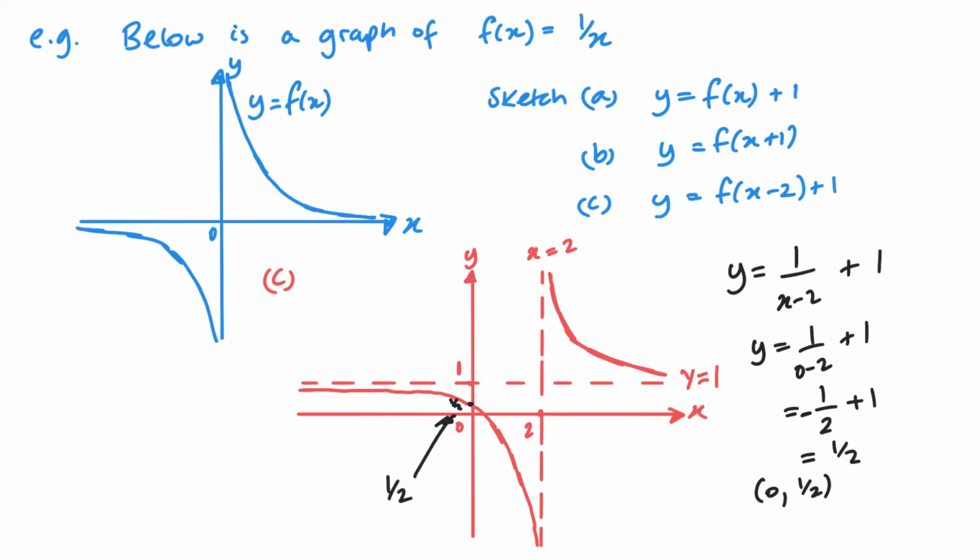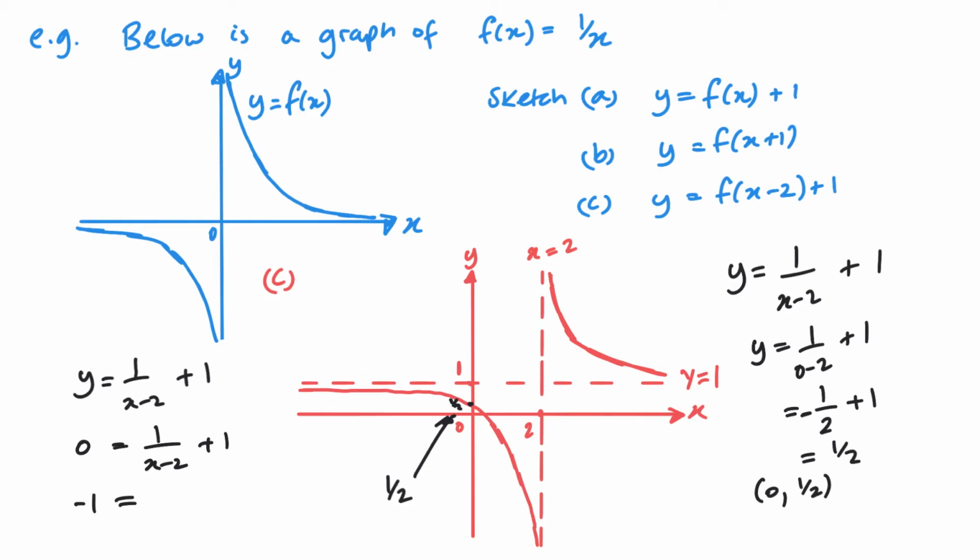And then looking at my second one, I'm going to do it over the side. So the same, y equals 1 over x minus 2 plus 1. And this time I'm going to substitute y equals 0 in. So we get 0 equals 1 over x minus 2 plus 1.